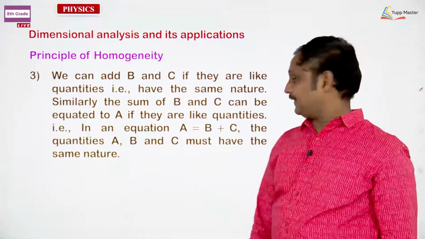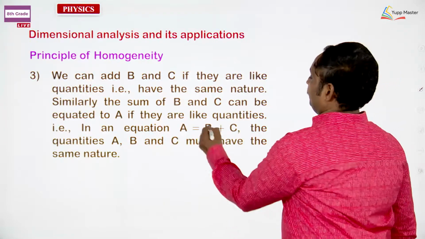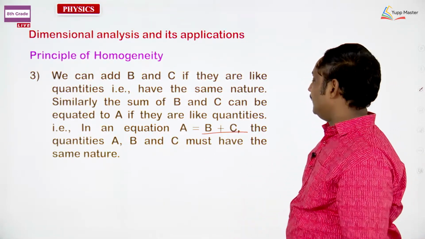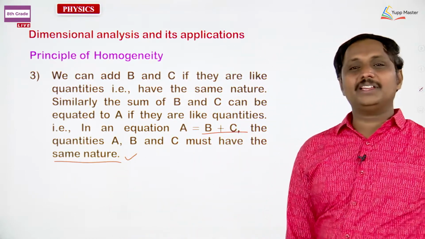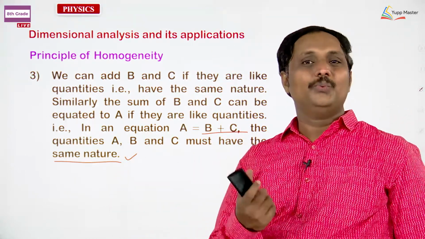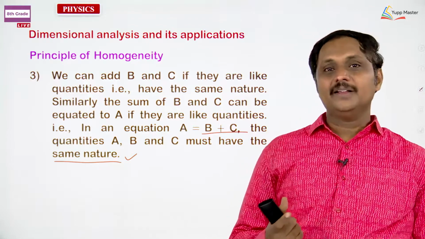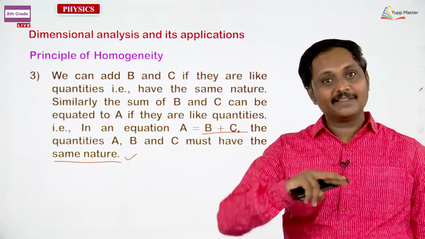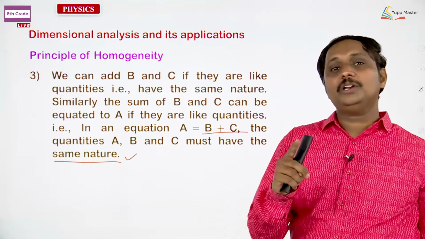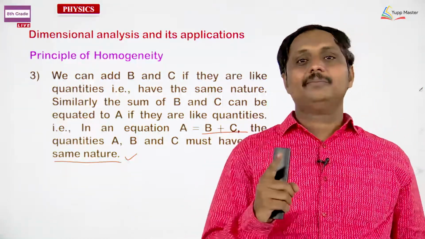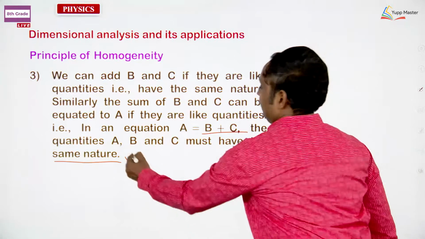What we have discussed is that these two physical quantities must have the same nature. That is very, very important. When you take the addition of two physical quantities, they can be expressed as a single entity only if the two have the same nature. That is very clear.